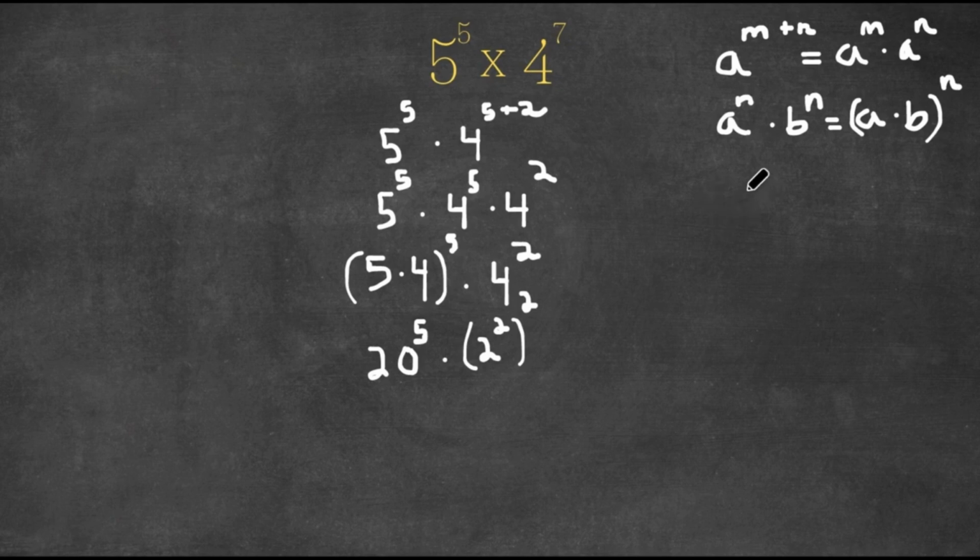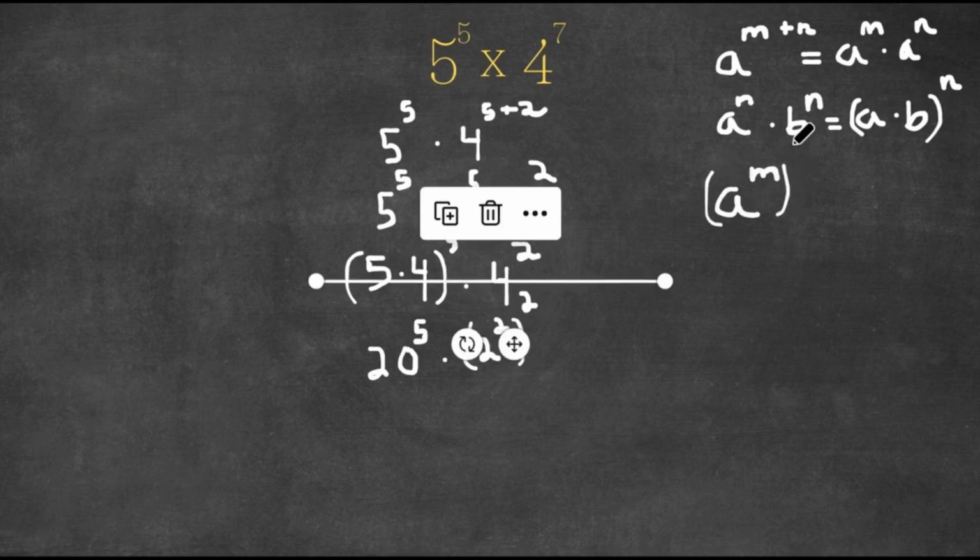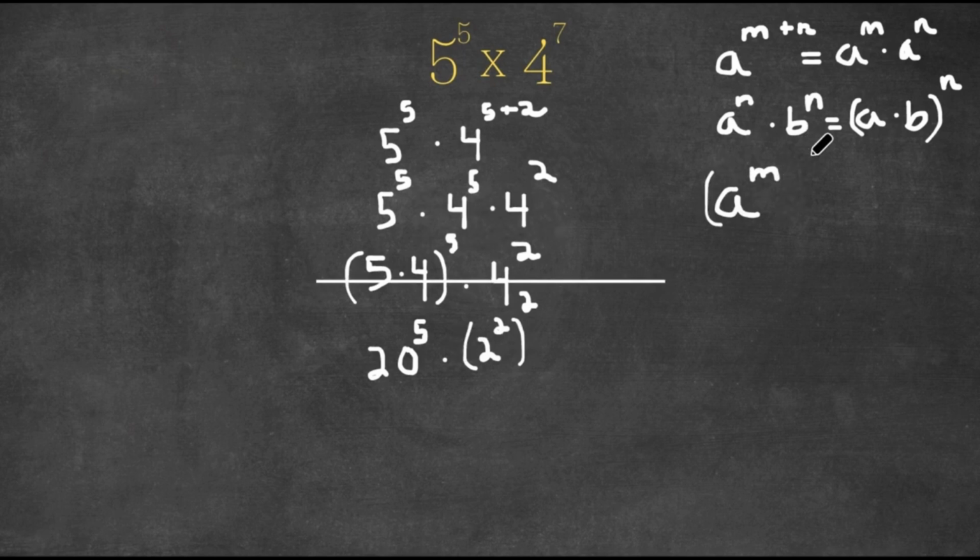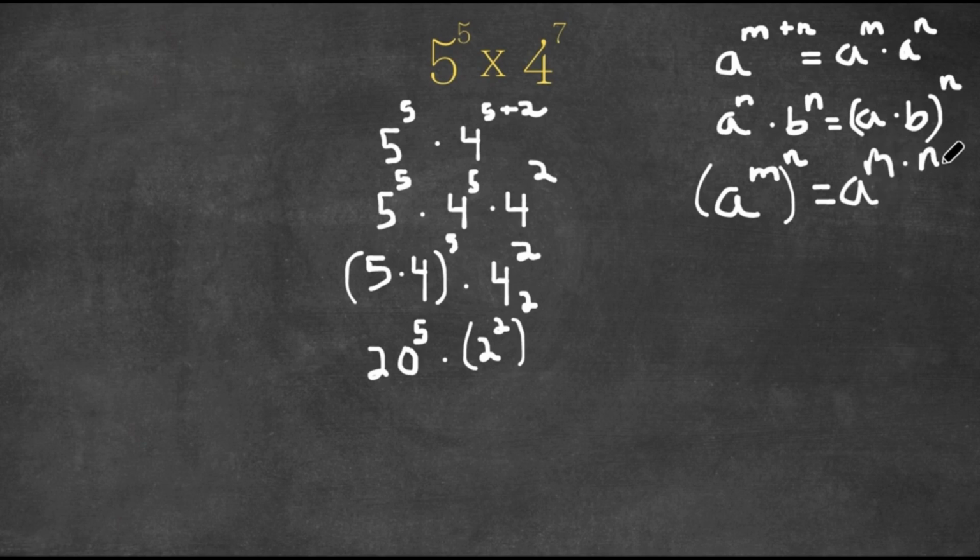Now, this is actually another exponential property: if we have a to the power of m to the power of n, this is equal to a to the power of m times n. So 2 to the power of 2 to the power of 2 is the same thing as 2 to the power of 4, because we're simply multiplying these two.